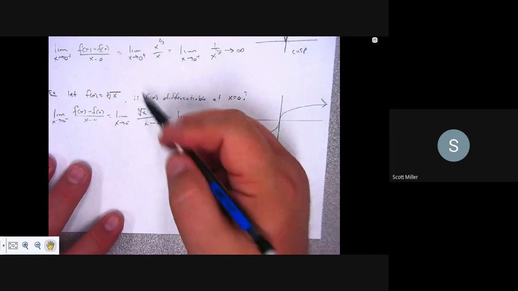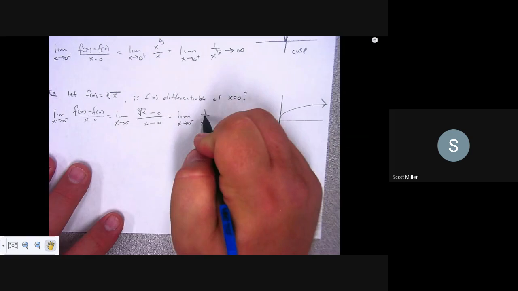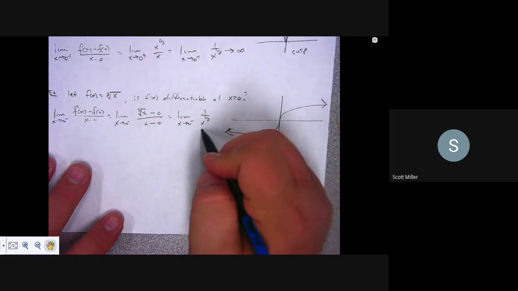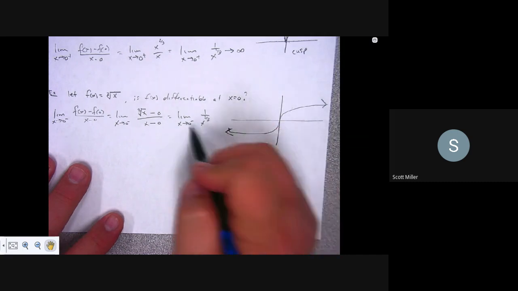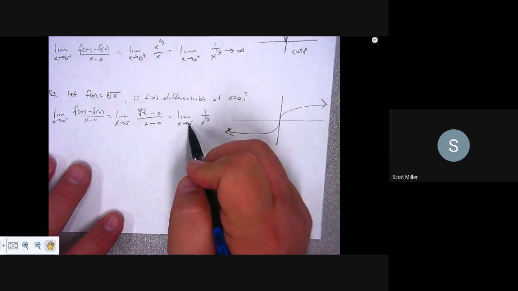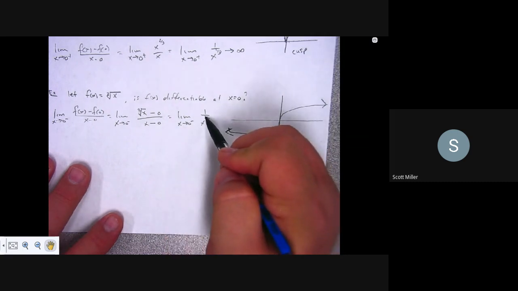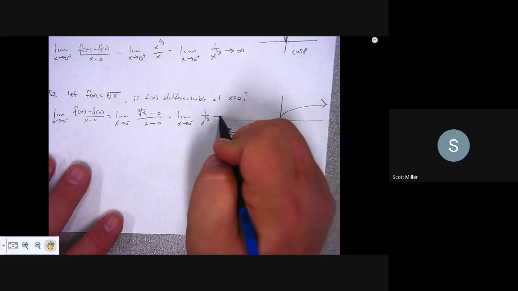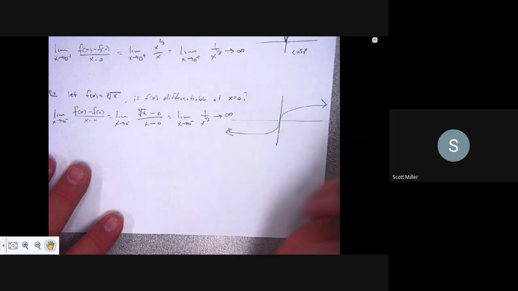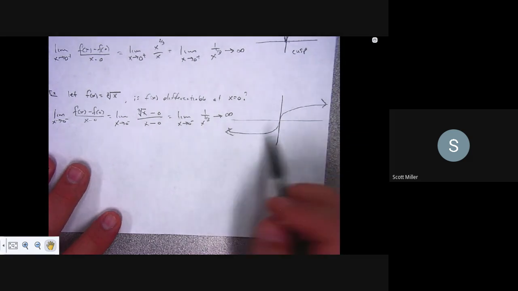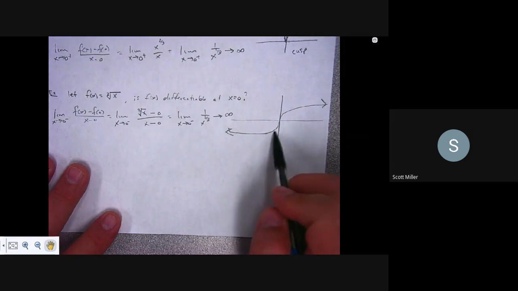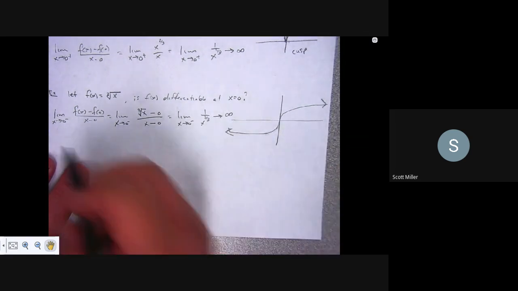When I do exponent rules, I get 1 over x to the 2/3 on the bottom. As this goes to 0, and since I'm squaring it, it turns negative values into positive values. And so this is going to go to positive infinity. As I approach it here, these are all slightly positive little slopes, so it's going to go to positive infinity.